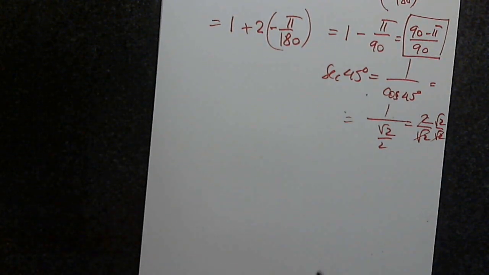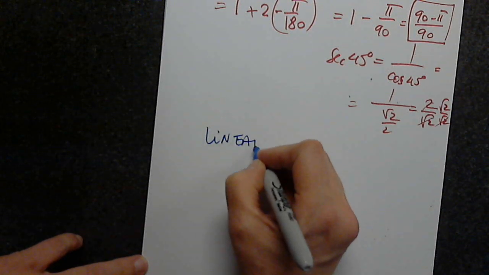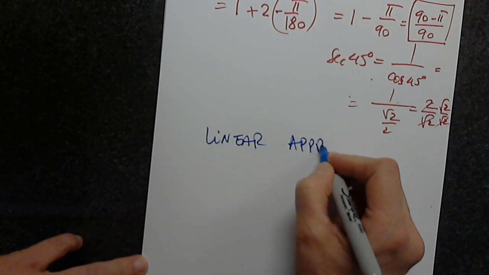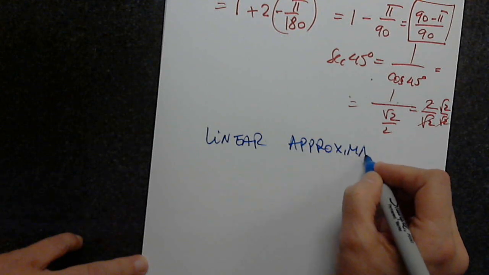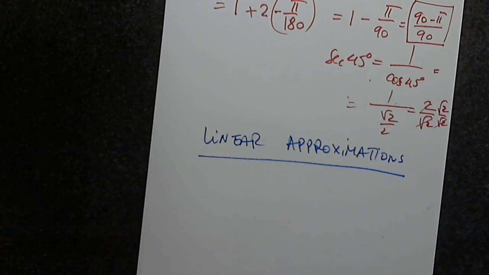Okay, let's talk about last topic, I promise. After this, I stop. Linear approximations. So we are able to estimate or approximate pretty much everything. Looking at the powerful formula that f of x plus dx is approximately f of x plus f prime of x dx.